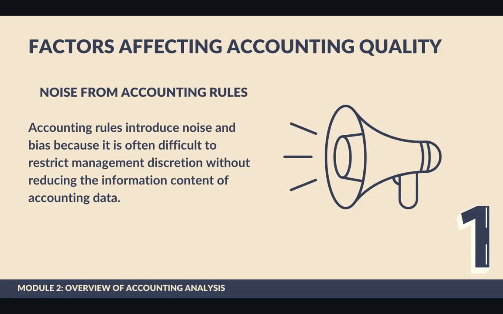So, believe it or not, regardless of how we want our accounting to be standardized, the choice of accounting rules from the list of acceptable options show that in one way or another, management is biased. So it's difficult to actually restrict management discretion without actually affecting the information content of the accounting data.